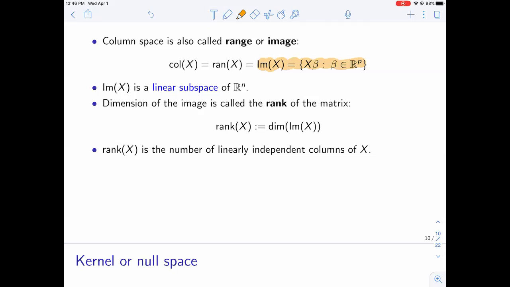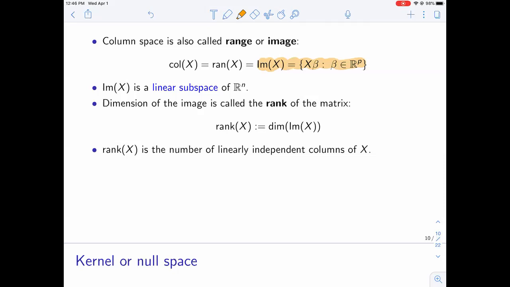The problem is that not all of the columns are needed. One column could be a multiple of the other column, so you don't need to include both. Or another column can be written as a linear combination of the rest, so you don't need to include that column if you include the rest. So you narrow down until you get the smallest subset of columns such that they're linearly independent and they still span the whole image.